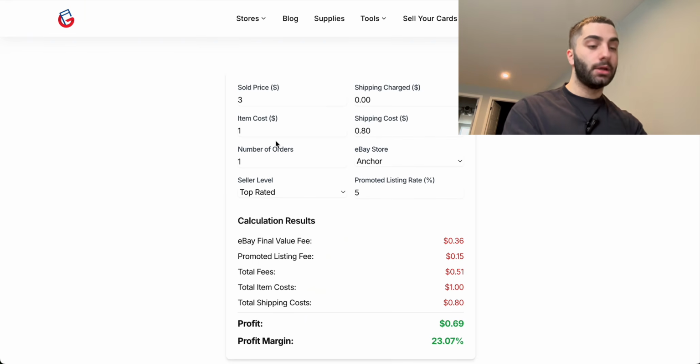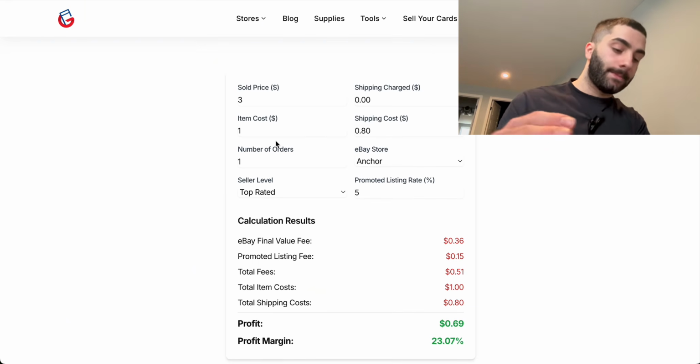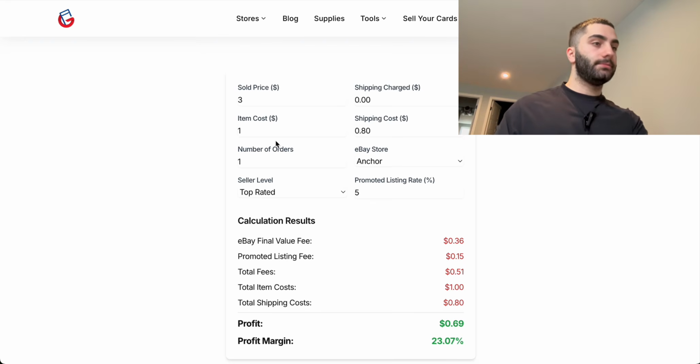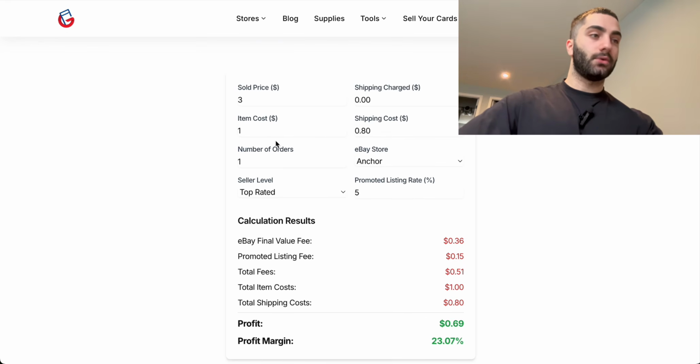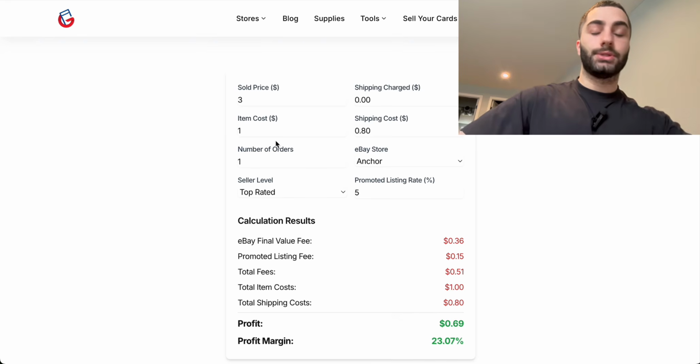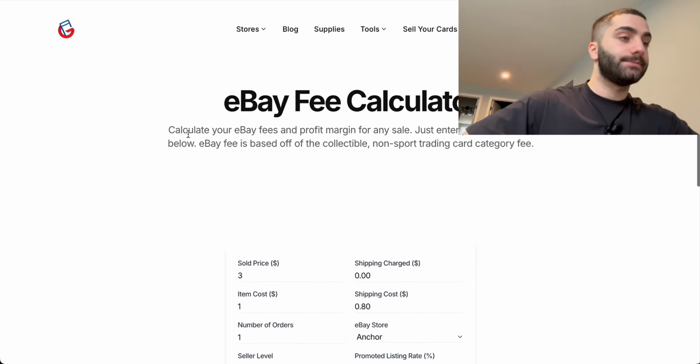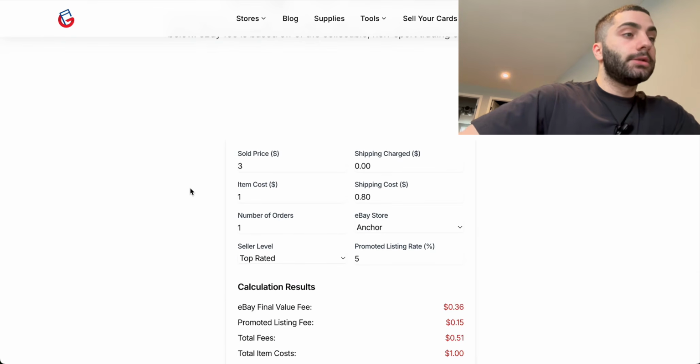Because the worst thing to do is sell a card for a loss, and then a few months down the line you see that card is worth like $15 now. That has happened to me before, and there have been many times where I've sold a card and looked at the market price a few months later and it's worth double or triple, or sometimes even 5 times the cost. So definitely keep that into consideration.